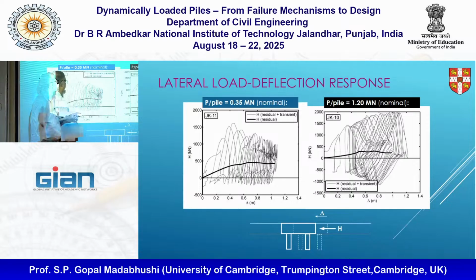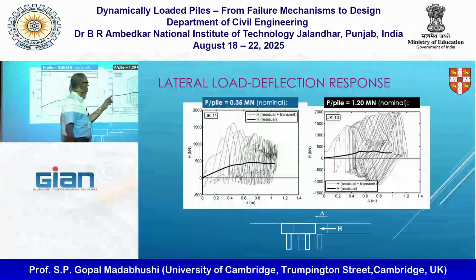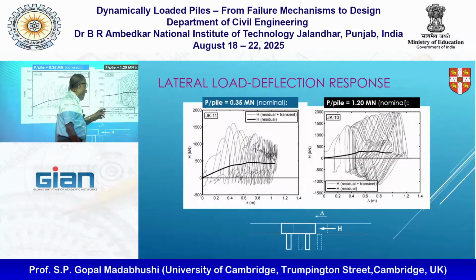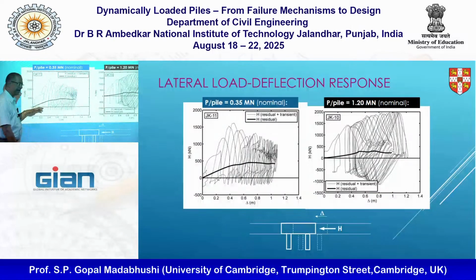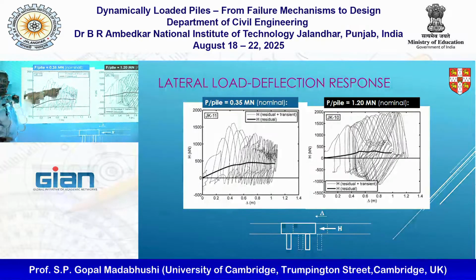It's just that this one is very asymmetric, right? Because it's starting at 0, it's going very much positive up to 1500 and a little bit negative, but mostly on the positive side. This means that the clay is driving the pile quite strongly downslope and not allowing it to go upslope.